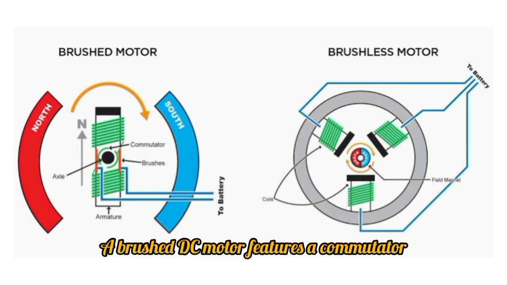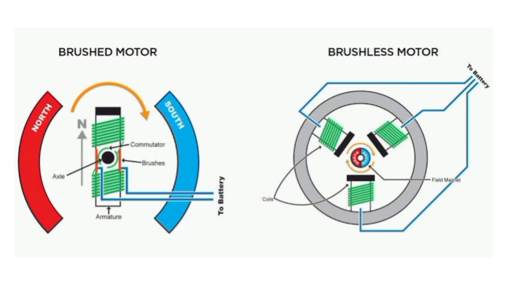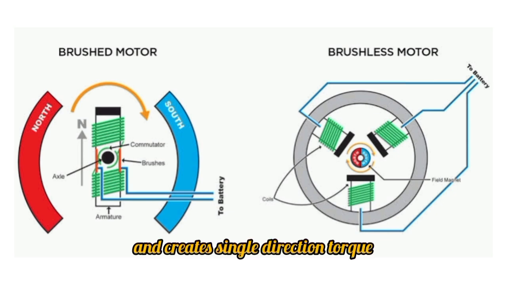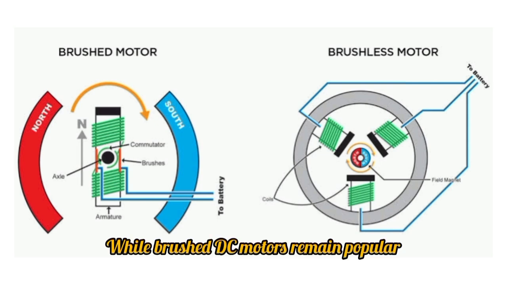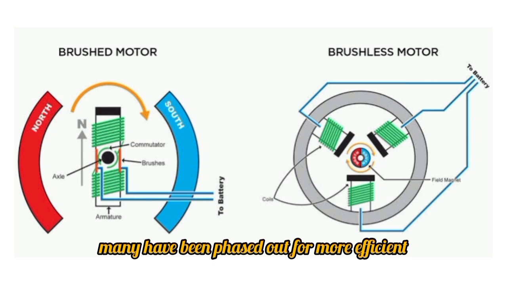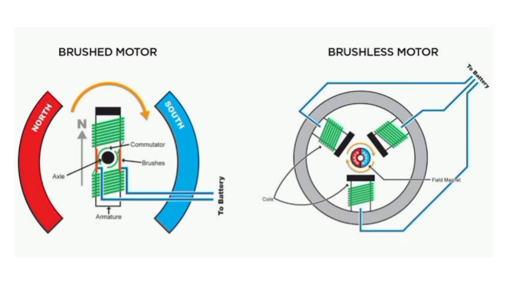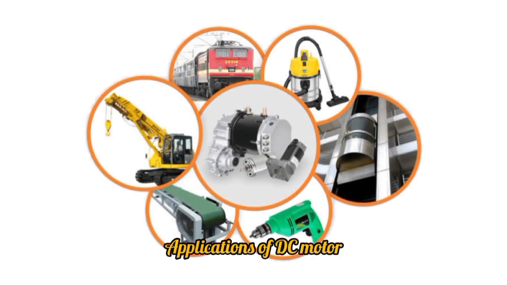A brushed DC motor features a commutator that reverses the current every half cycle and creates single direction torque. While brushed DC motors remain popular, many have been phased out for more efficient brushless models in recent years.